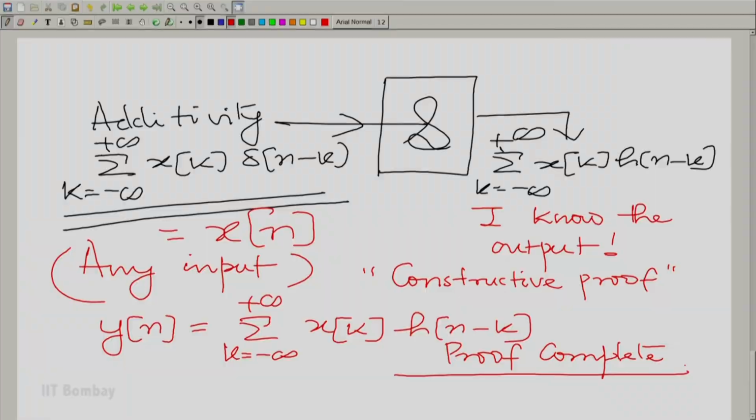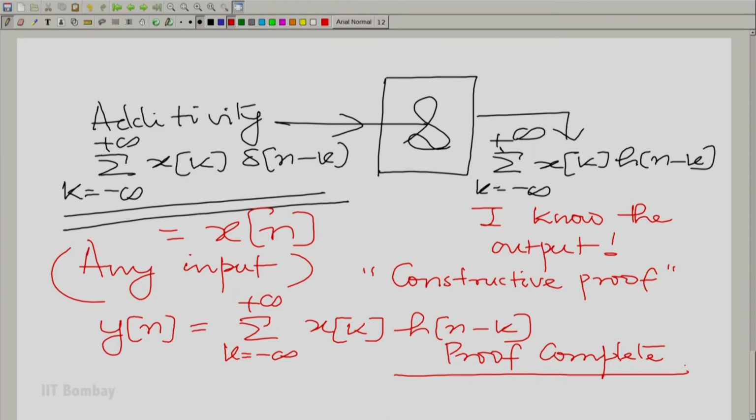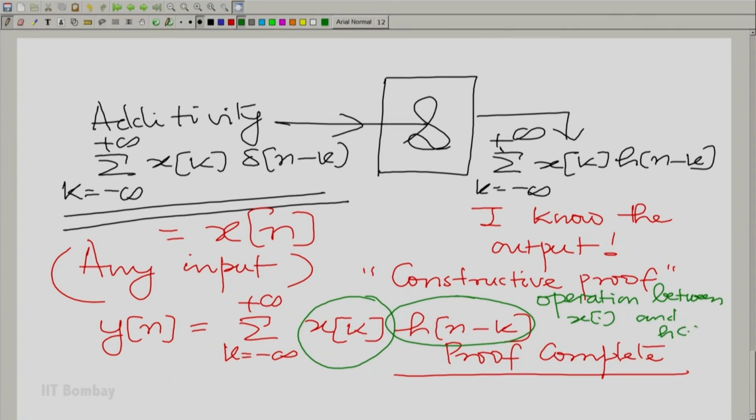Now, I am going to leave a couple of things for all of you to do, and I dare say some of my students will probably give you an answer. Here we have an operation between two sequences, the sequence x[n] and the sequence h[n].